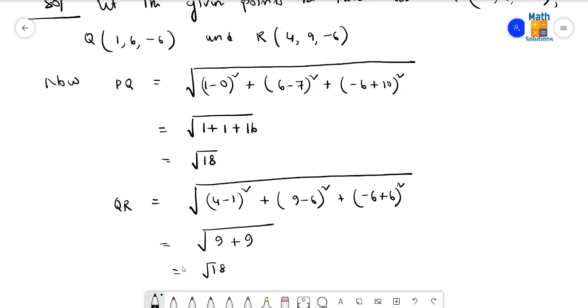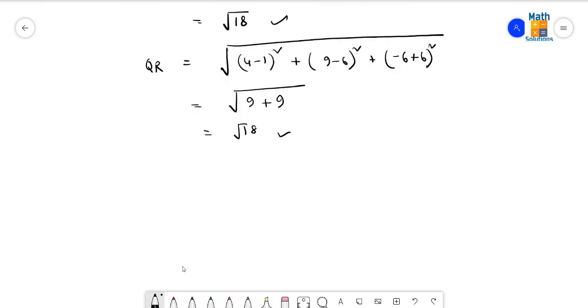So very clearly these two sides are equal. So this will imply that PQR is an isosceles triangle. Since PQ is equal to QR, this implies triangle PQR is isosceles. So this is the answer.